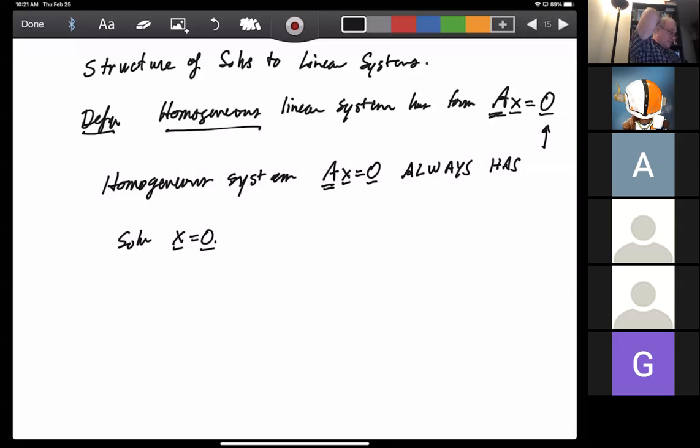So 0 always works as a solution. So that's important to note. This is sort of a lemma, an intermediate result that's important.